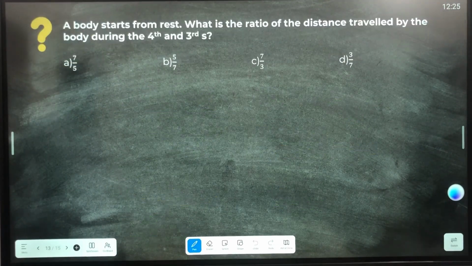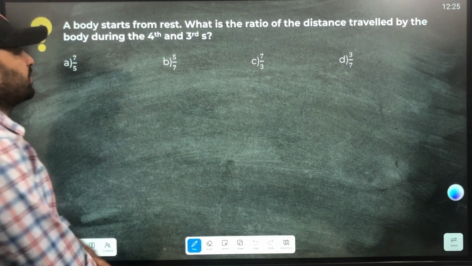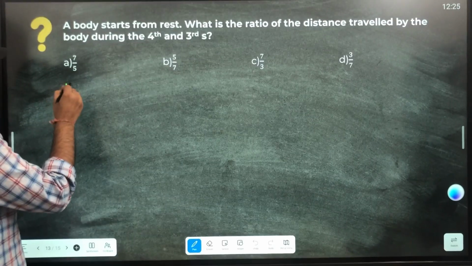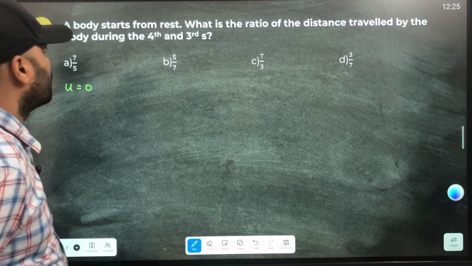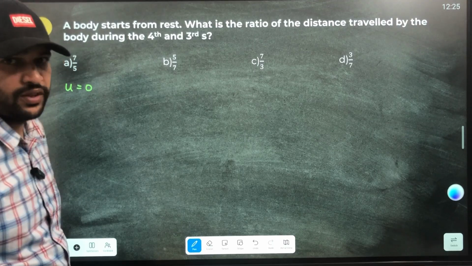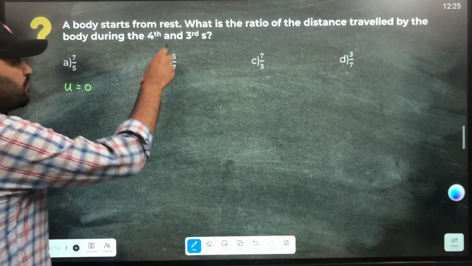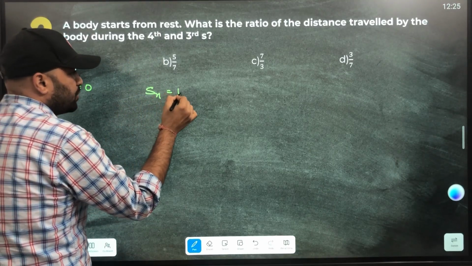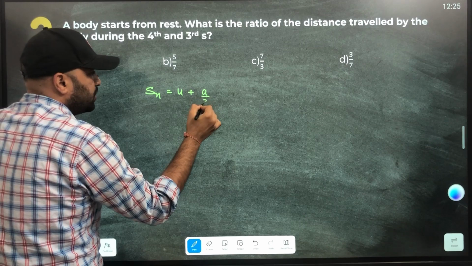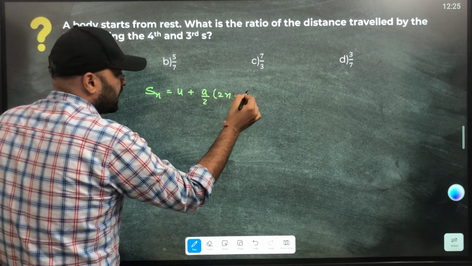Let's see the next question. Great. A body starts from rest. U is 0. What is the ratio of distance traveled by the body during the fourth and the third second? Fourth and the third second. So you have to find the ratio of distance. Now we will use Sn equals u plus a by 2 into 2n minus 1. Correct?